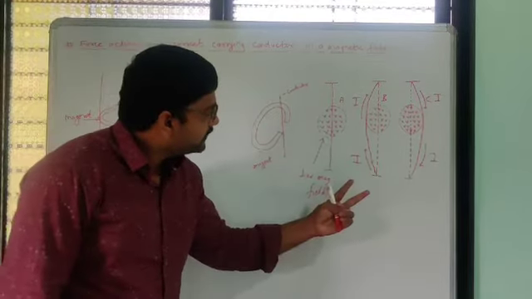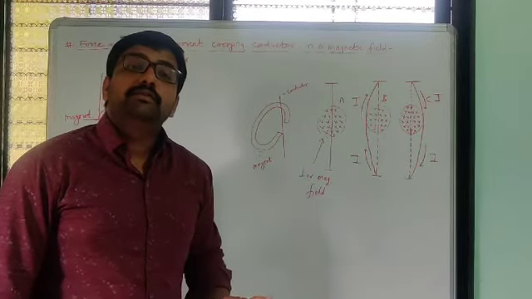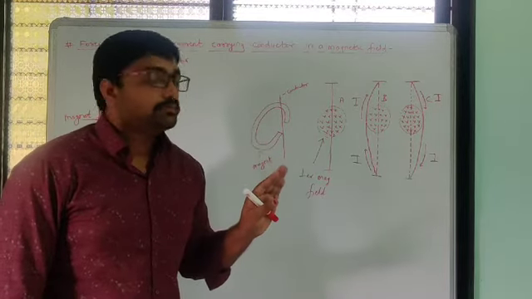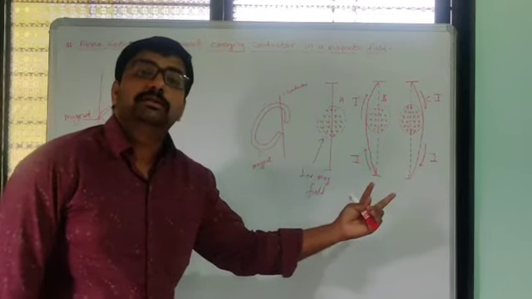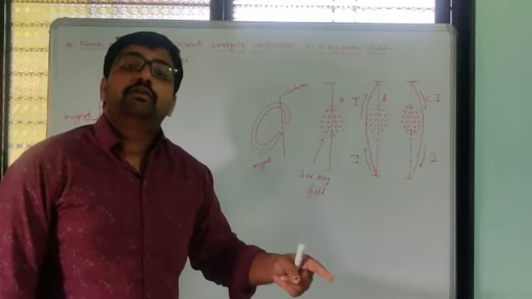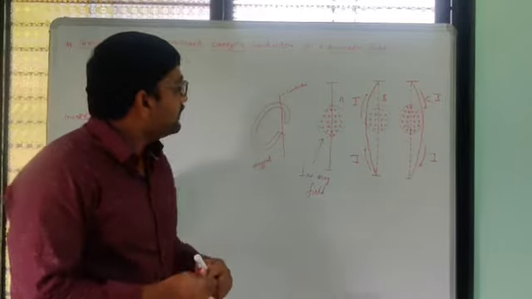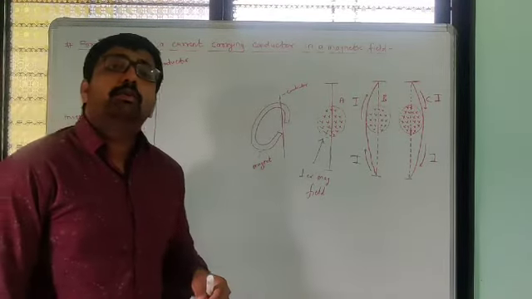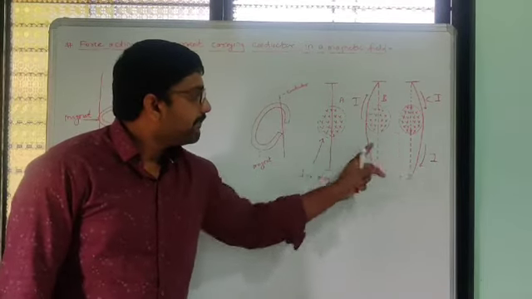And we have also studied that if we reverse the direction of current, the direction of force also changes. In a similar way, if we change the polarity of the magnet, if we change the poles of the magnet, we see that this also happens.